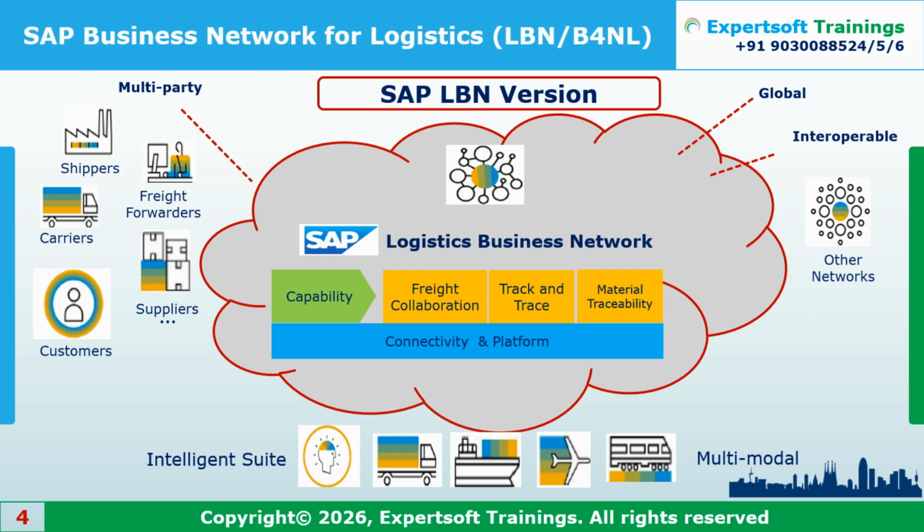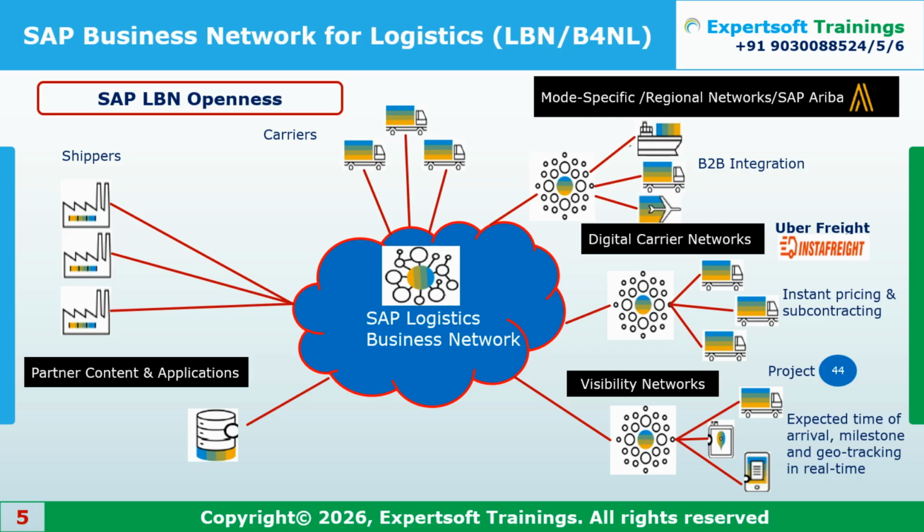So that way you can see this integration or collaboration will happen. This way transactions are flowing, and how these are exactly mapped in the system we can see here.